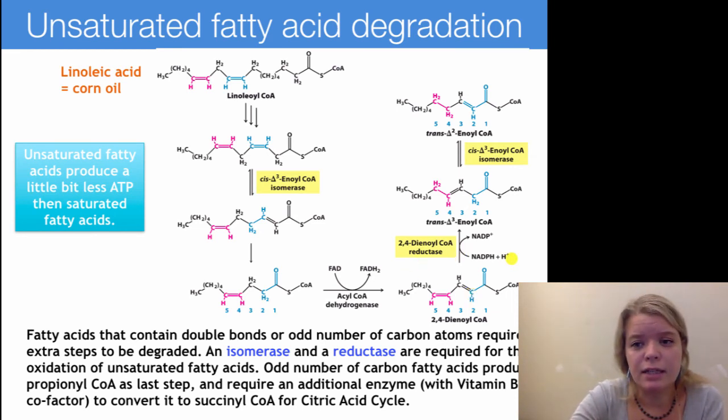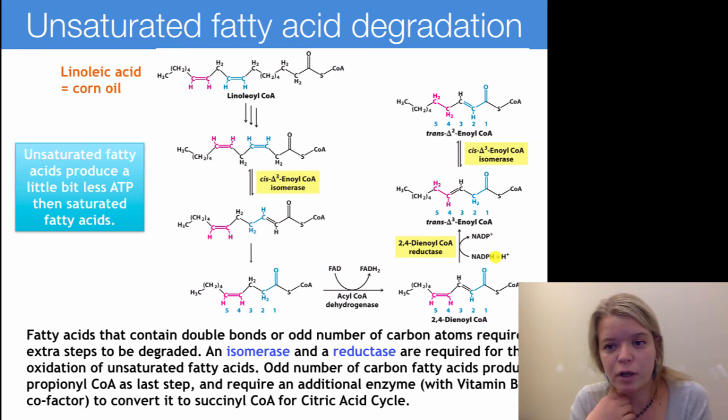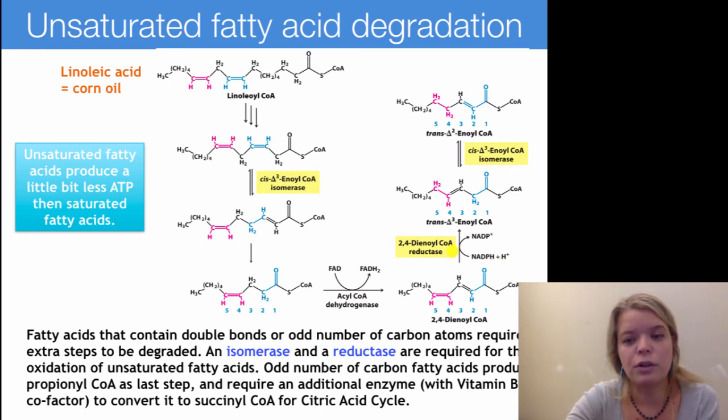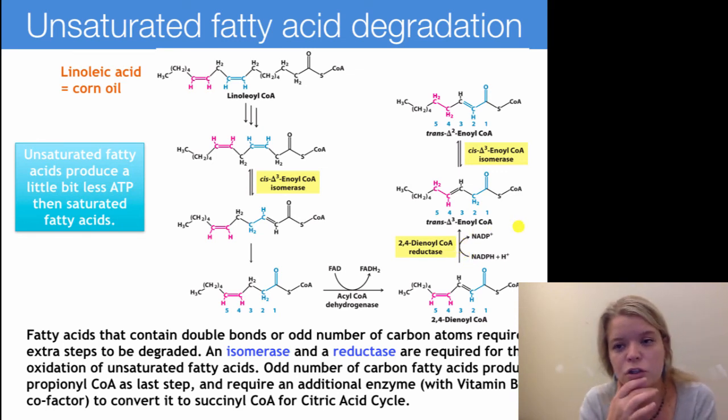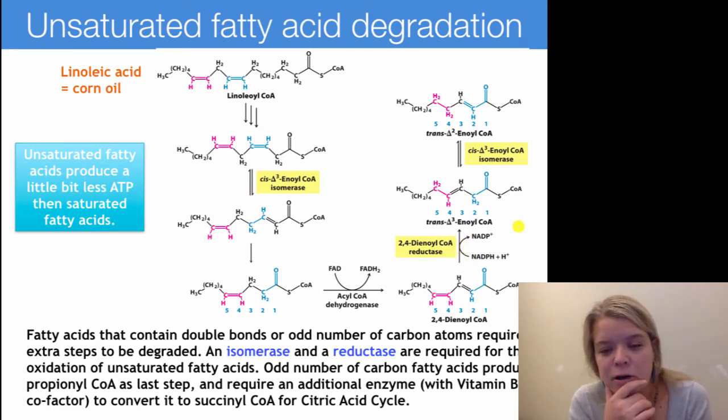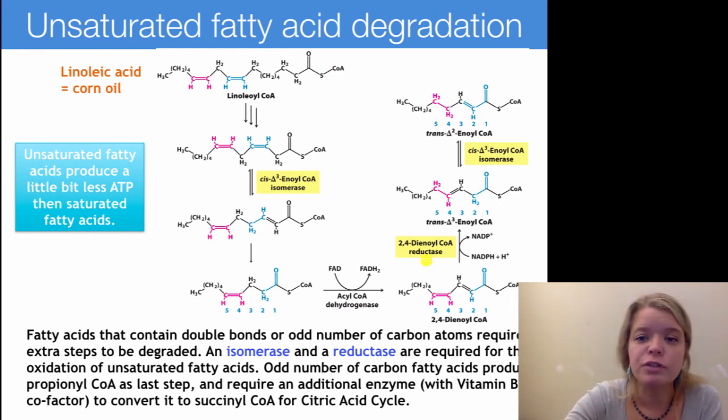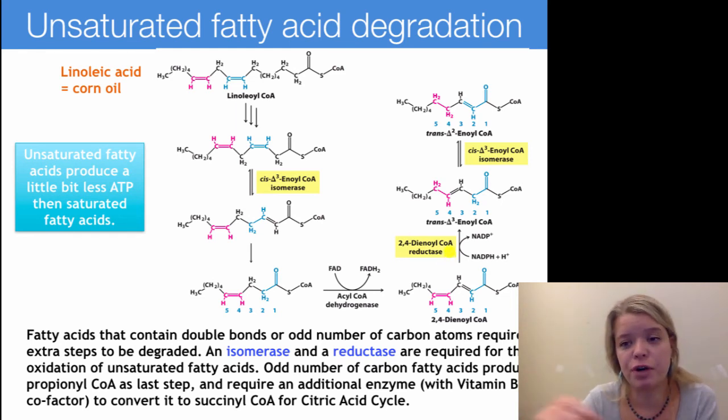Then another reductase comes in, and even though you see NADPH being involved, you can see that it's called not a dehydrogenase but a reductase, because it actually donates the electrons and leaves the carrier empty. So it's a reduction reaction as opposed to an oxidation reaction.